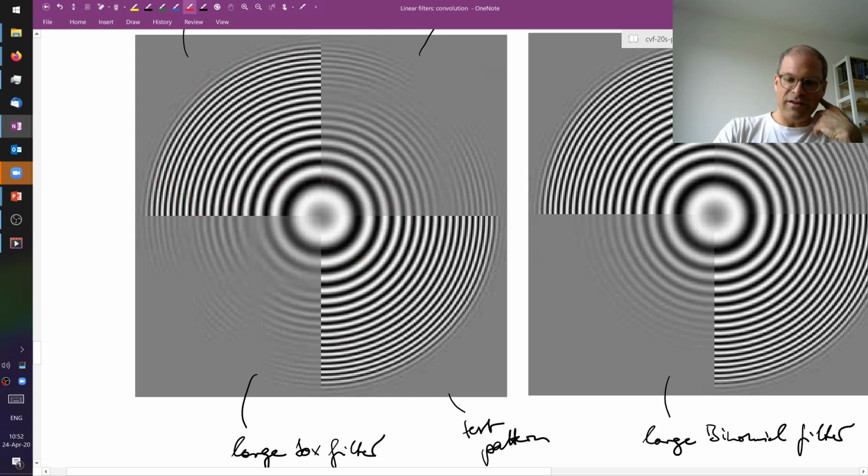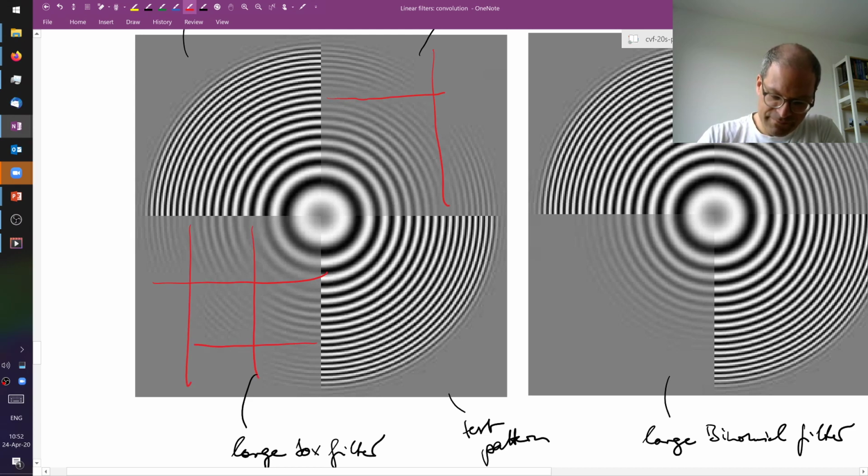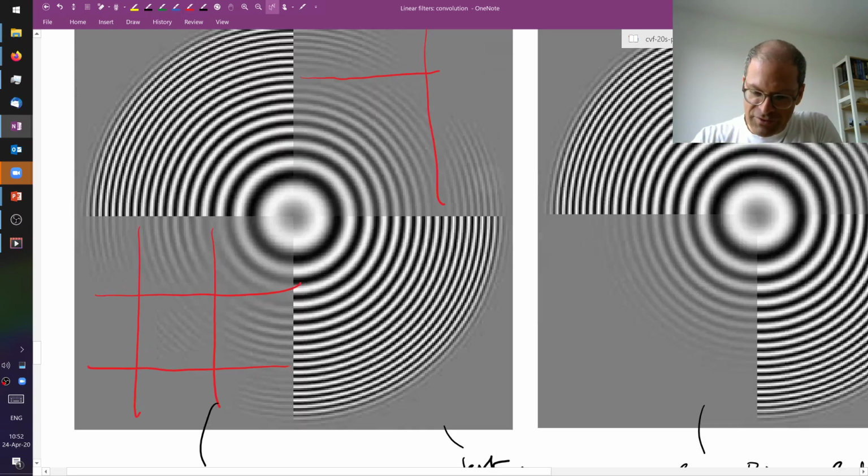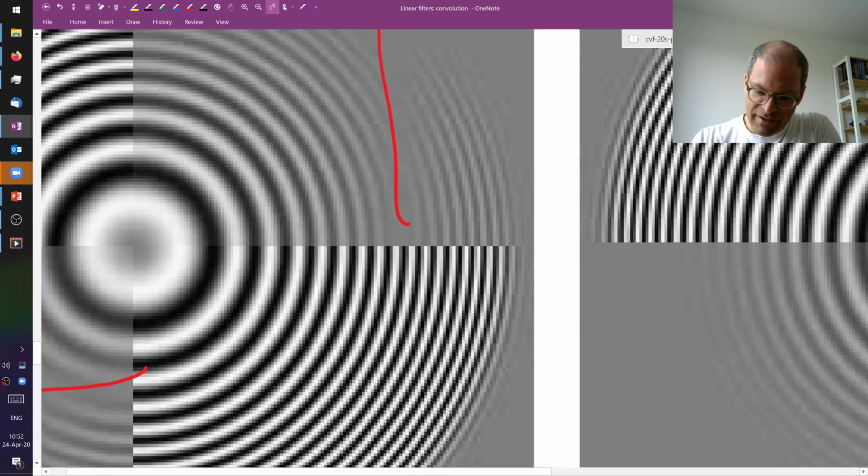And then you can see the result of applying a large smoothing box filter or a small box filter for smoothing here. And at least on my screen, I see that it strongly smoothes here and there. But then outside, it does something very funny.